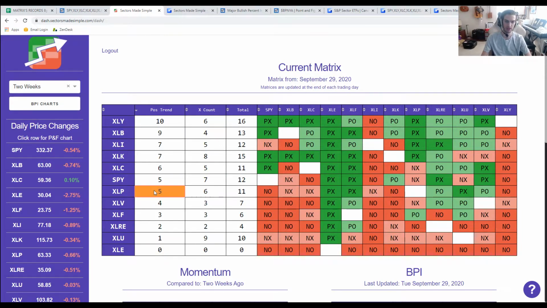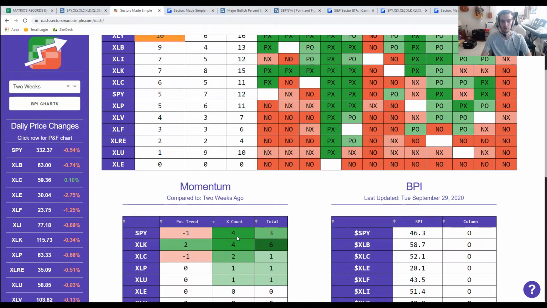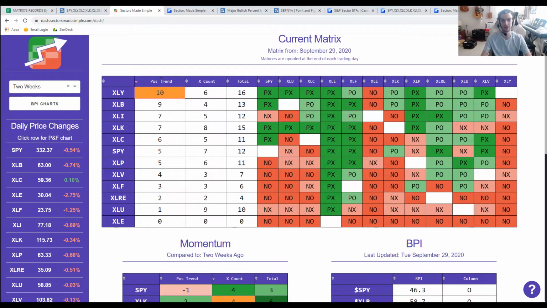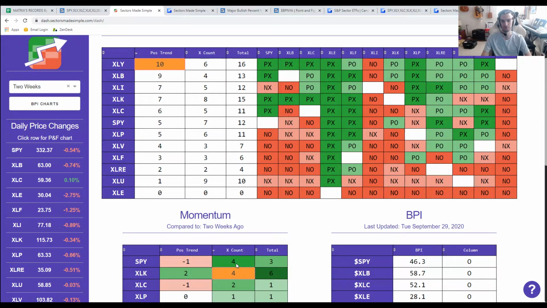So that will be XLP, SPY, XLC, XLK, IB, and Y. So how do we know first place and how do we know second place? Well, when there's a tie for first place in X count, we then need to choose by the highest positive trend. So who's higher here?